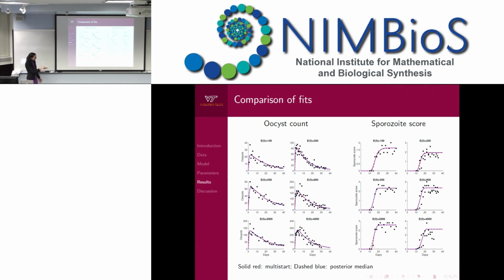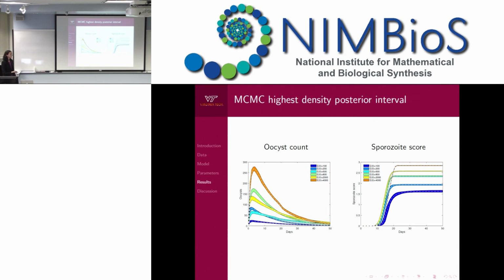There are a couple where we see a slight difference, especially in the timing of the sporozoite uptick. But we're getting a lot of consistency, as we would expect, between our multi-start fittings and our posterior median from the MCMC. One of the nice things about the MCMC is it not only gives us that median value, but it gives us spread as well.